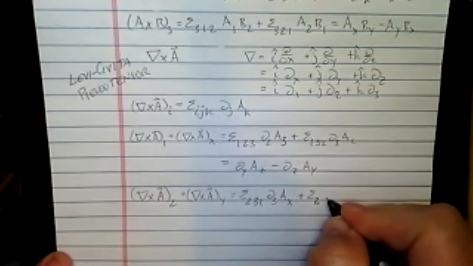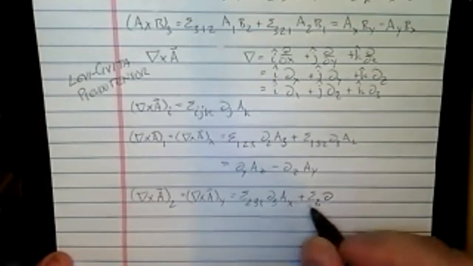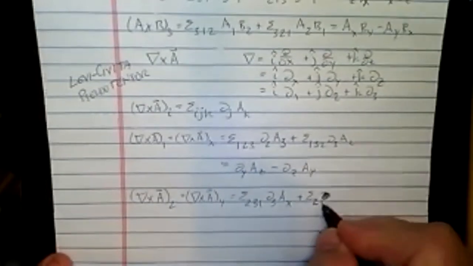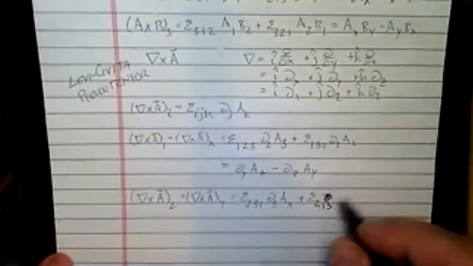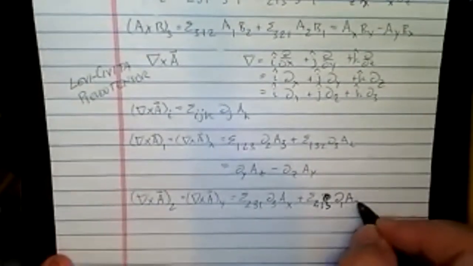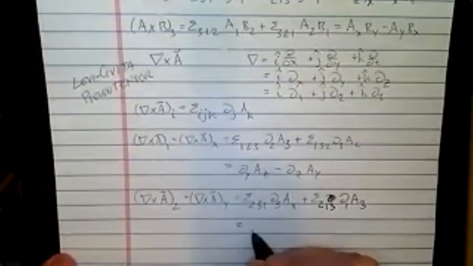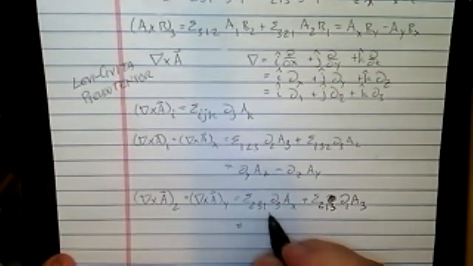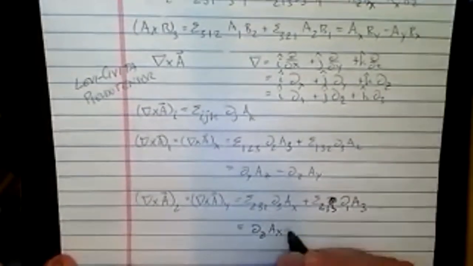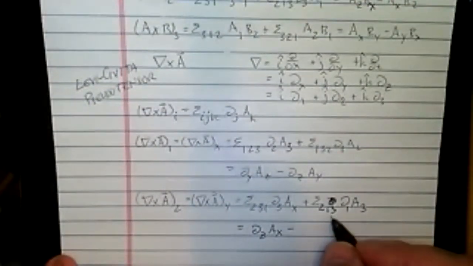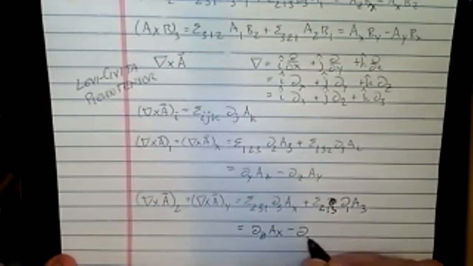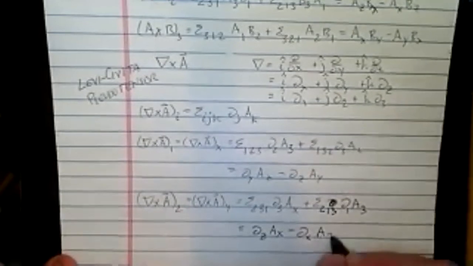Epsilon 2 partial, in this case, oh, excuse me, I forgot to write the other thing. It's supposed to flip the 3 and the 1, so that'll be 1, 3. And this will be partial sub 1, A sub 3, which ultimately gives us epsilon 2, 3, 1 is positive 1. So I'll say partial with respect to z of A sub x minus, because the epsilon 2, 1, 3 is not a cyclic permutation, I get a minus 1. And that'll be the partial sub x of A sub z.